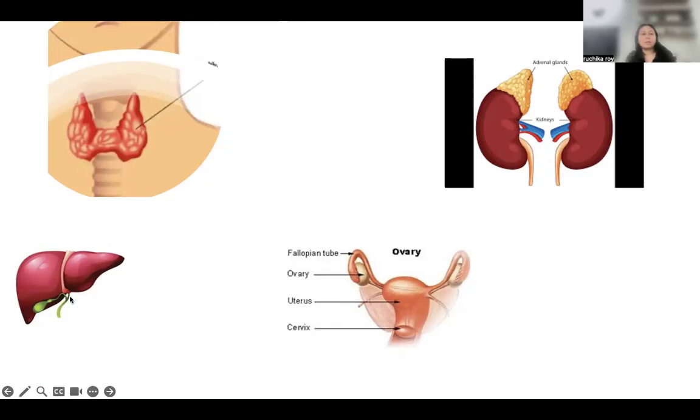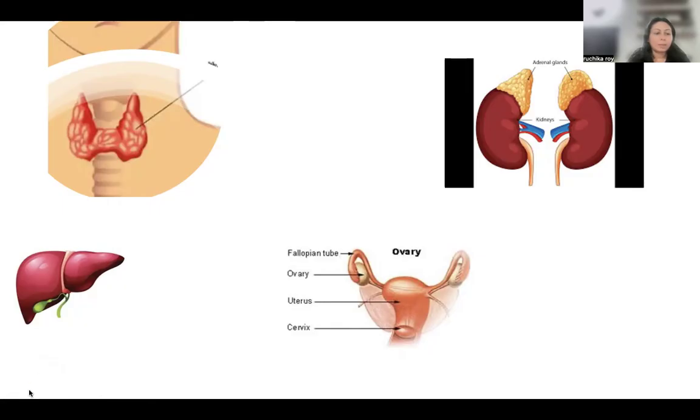Let's see this diagram. We know that T3 is basically regulated from the anterior pituitary, in the brain. There is a secretion of a hormone known as thyroid stimulating hormone.